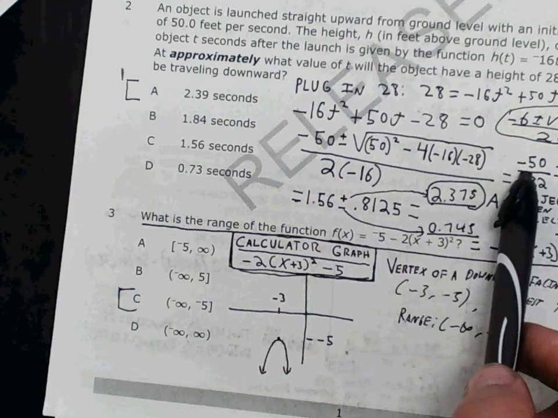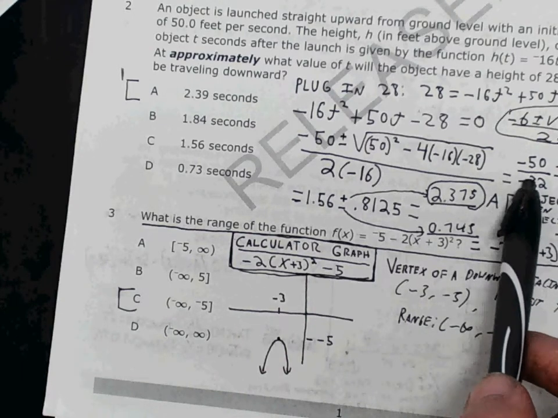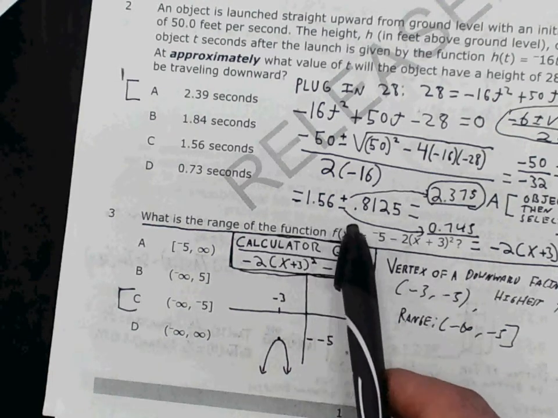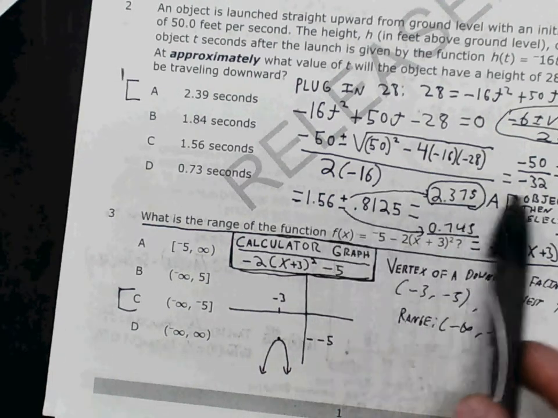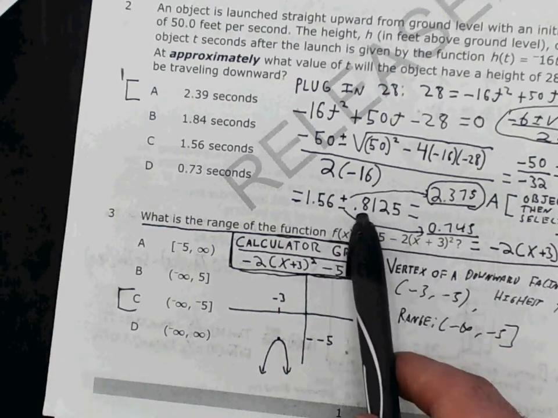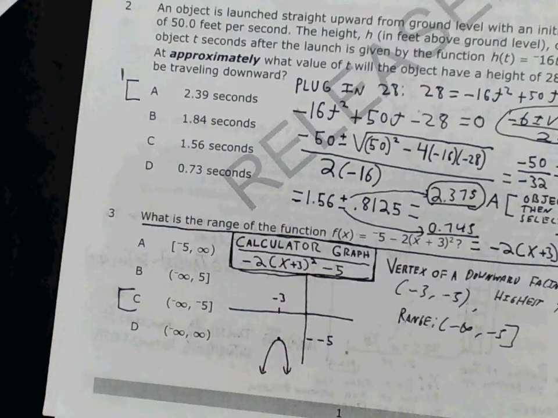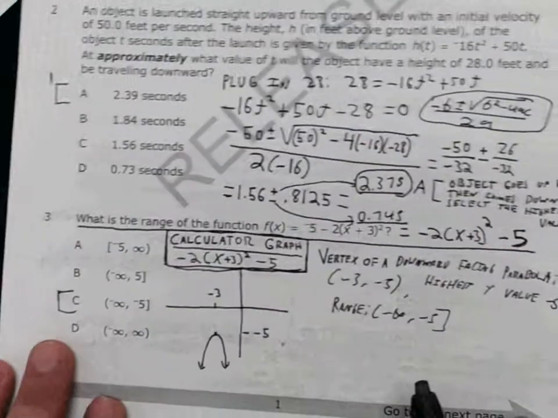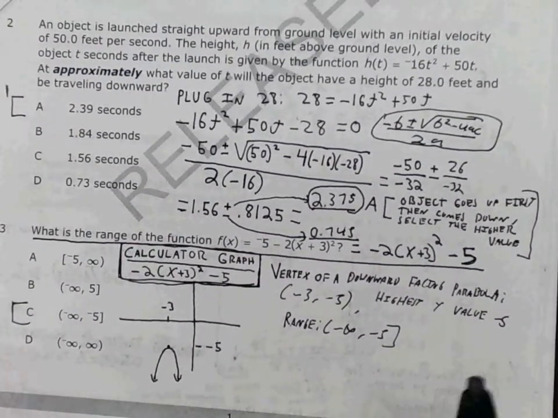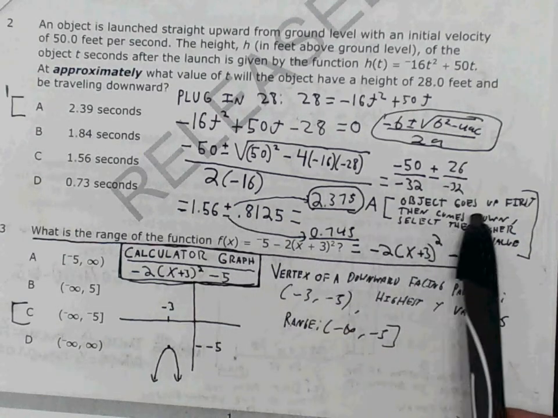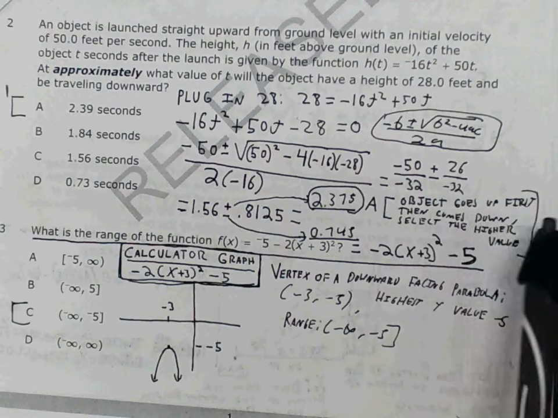Further simplified in my calculator, 50 over negative 32 was 1.56, and plus or minus 26 over negative 32 was 8.8125. I want to make a note here. This is just going to have you conceptualize the word problem. For adding and subtracting, the object is going to go up first, then come down.